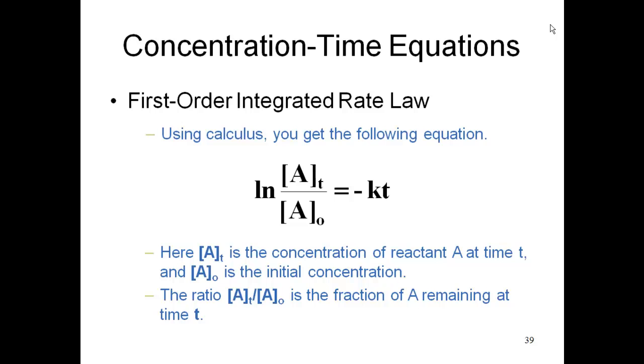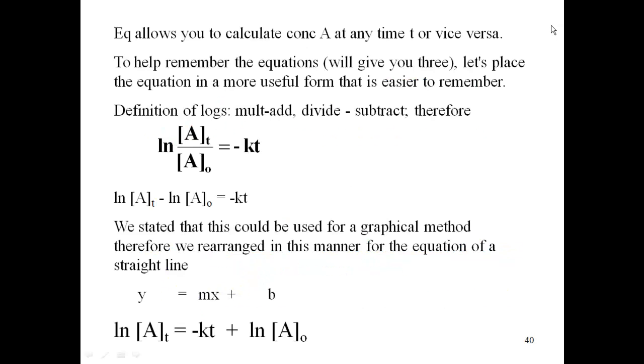This becomes important when we start talking about nuclear chemistry, which we refer to later on, but it's not as important in this topic that we're covering right now. This equation allows you to calculate the concentration of A at any time t, or vice versa. If I have time, I can calculate concentration.